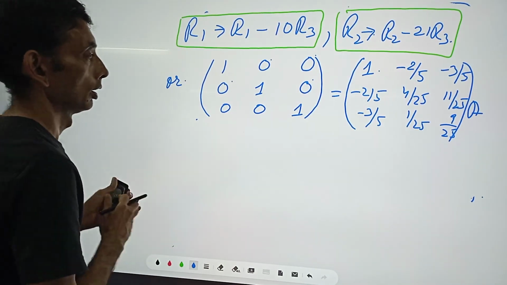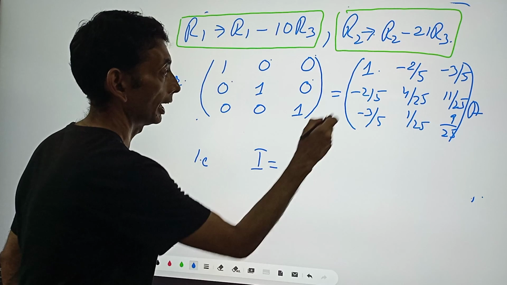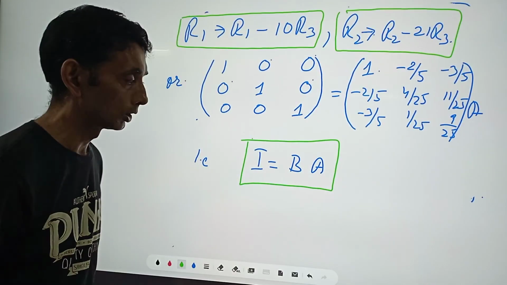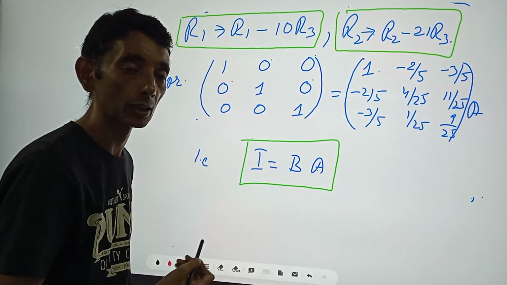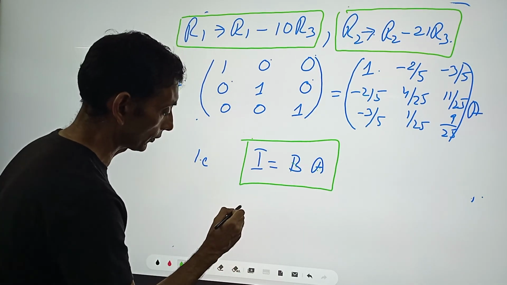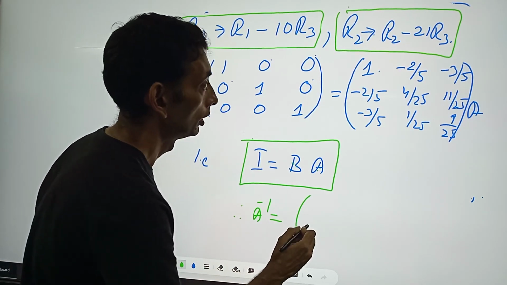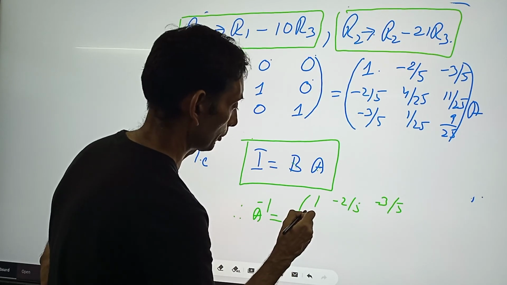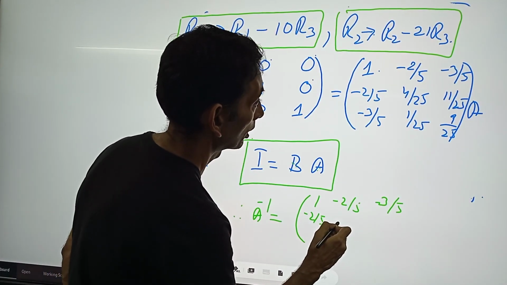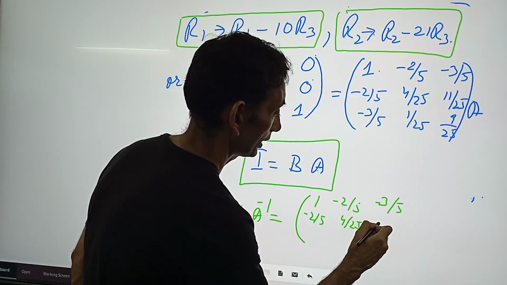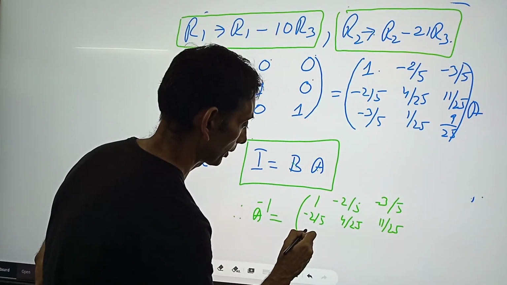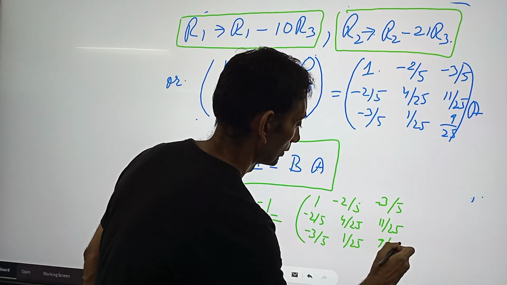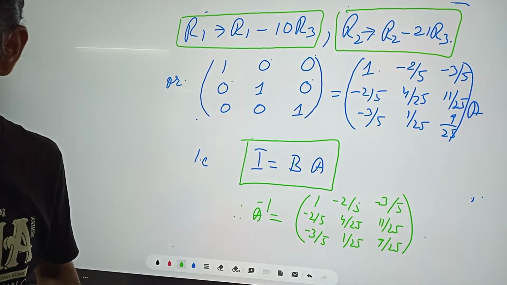So we got this, that is, this is the identity matrix, and this matrix you can consider as B, and this is A. Since A into B is equal to I, this B will be the inverse of A. Therefore, A inverse is equal to 1, minus 2 by 5, minus 3 by 5, minus 2 by 5, 4 by 25, 11 by 25, minus 3 by 5, 1 by 25 and 9 by 25. So this is the inverse of the given matrix.